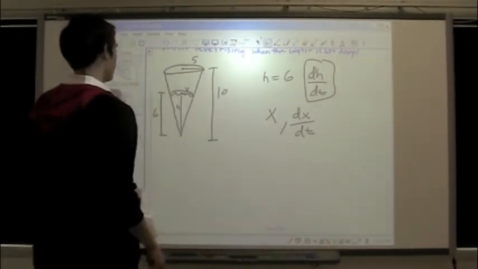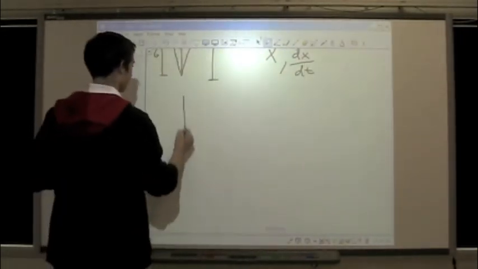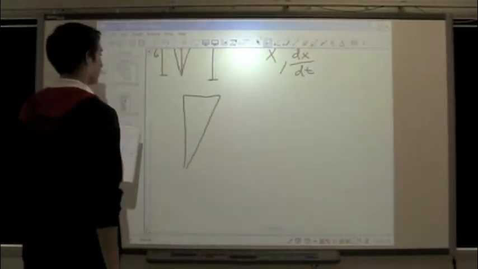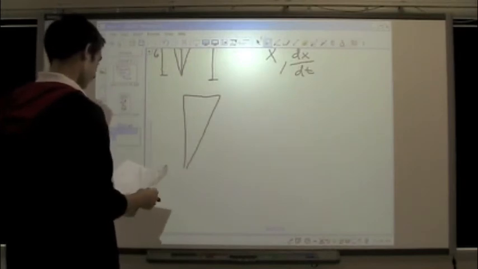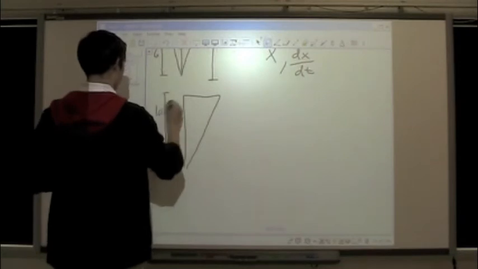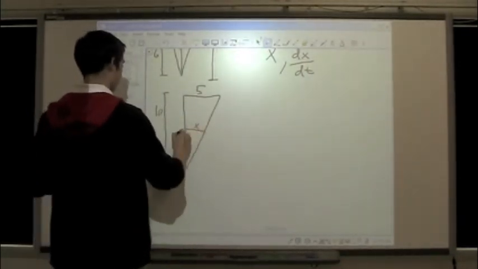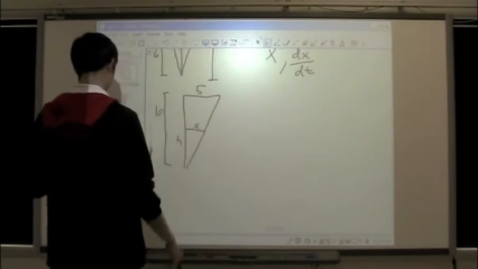So we use similar triangles. So this is the cone, and we know this is 10. We know this is 5, and this is x and h, and we know h is equal to 6.